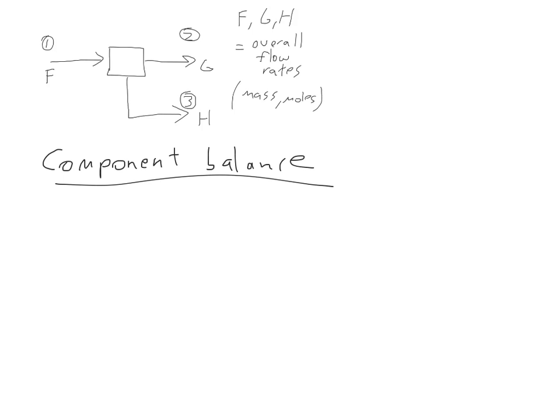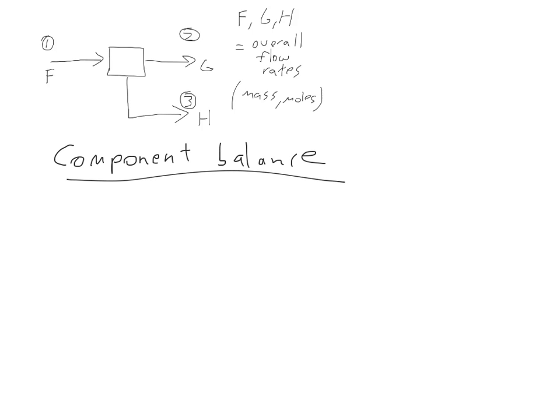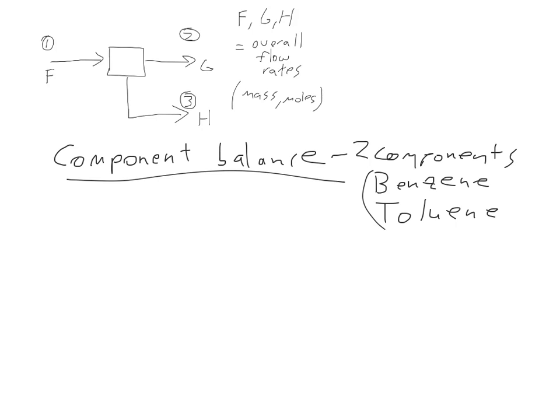So let's just assume we have, in this example, 2 components. And in this case, let's just take the example of benzene and toluene. So we have a mixture of benzene and toluene. And I can define the following variables.